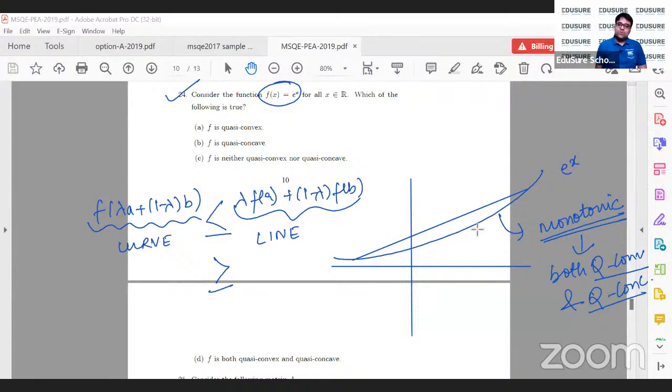Therefore, it is automatically quasi-convex. But it is also quasi-concave, even though it is not concave, right? The reason is it's a monotonic function. Monotonic basically means it's an increasing function. An increasing function will be both quasi-convex and quasi-concave. A decreasing function will also be both quasi-convex and quasi-concave. So an always increasing function or an always decreasing function will be both.